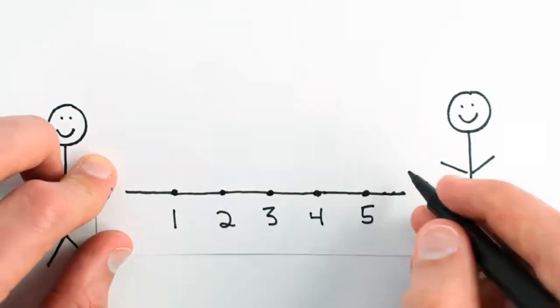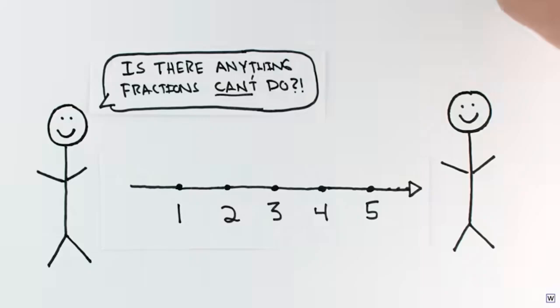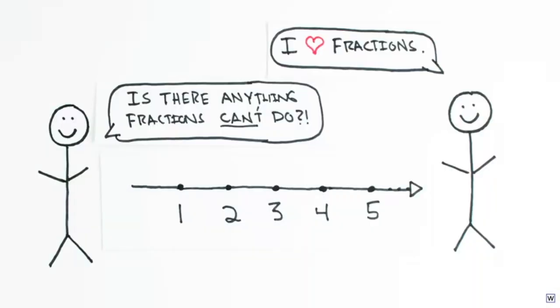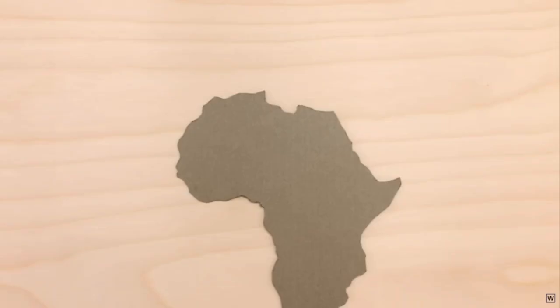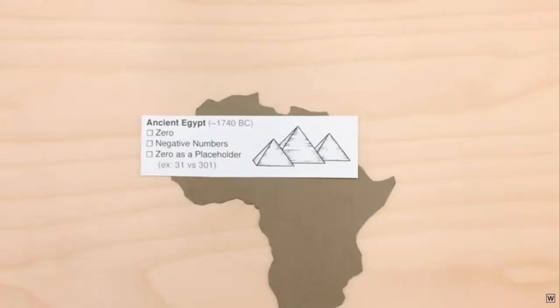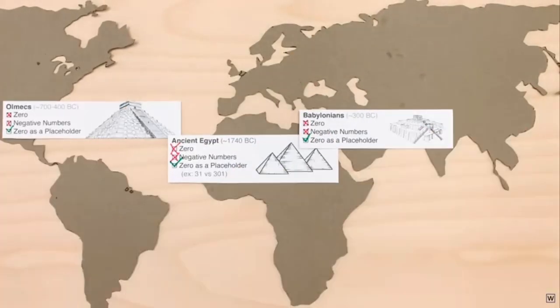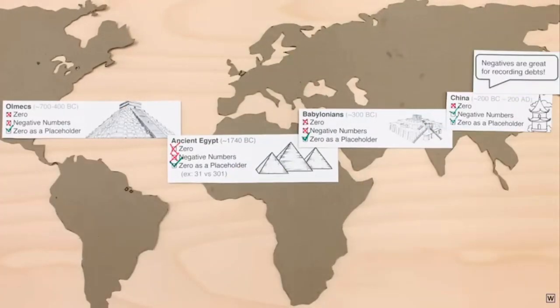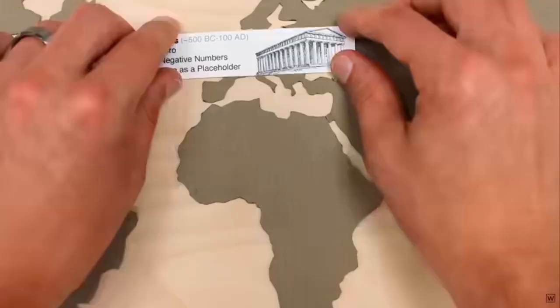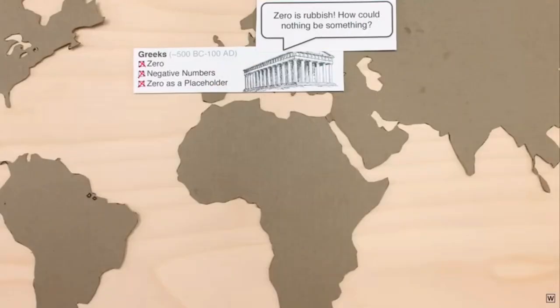Fractions filled the gaps in our number line and were basically cutting edge technology for a couple thousand years. The next big innovations to hit the number line were the numbers 0 and negative numbers, but it took some time to get everyone on board. Since it's not obvious what these numbers mean or how they fit into the real world, 0 and negative numbers were met with skepticism and largely avoided or ignored.